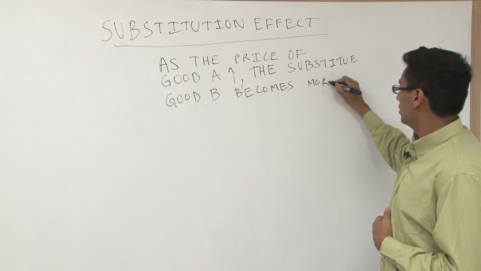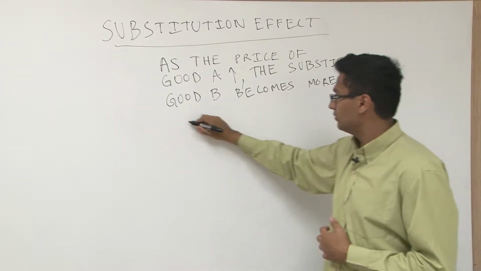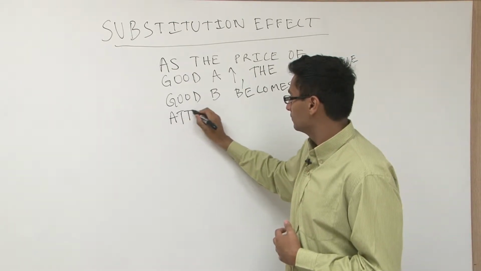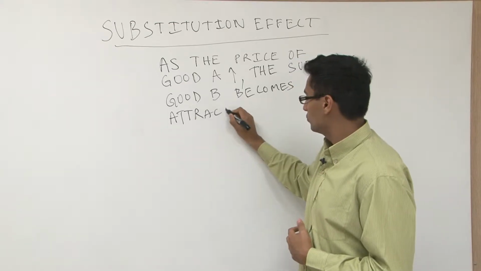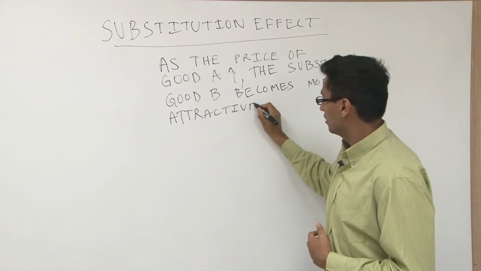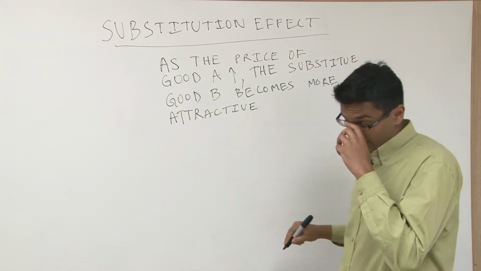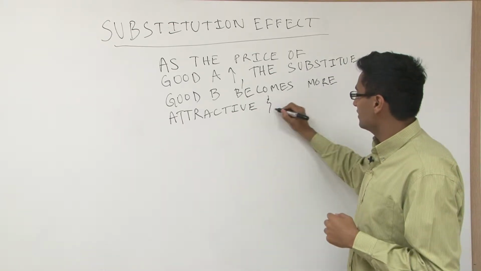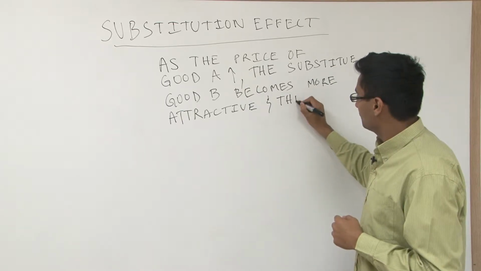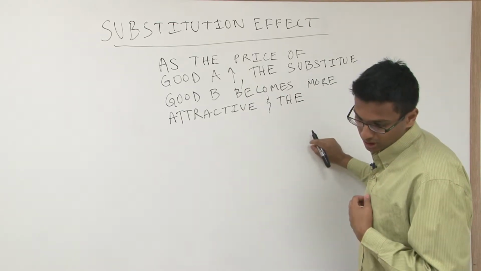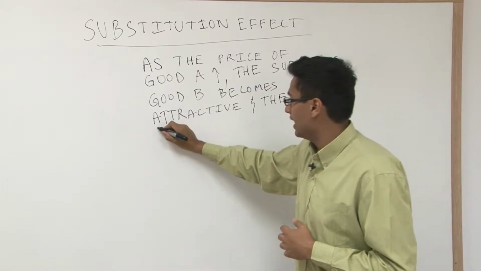And I'll explain this just in a second. More attractive. And remember, this is to the consumer. And then the second part of that is, the current demand for good A decreases.